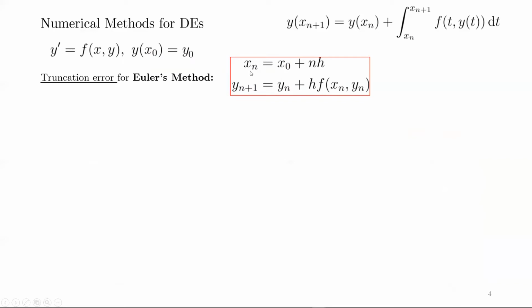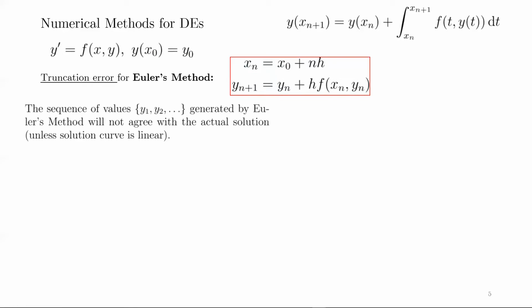Here is basically Euler's method written out again. The points x are discretized, starting at the initial condition x0 and moving in steps of step size h, so x0, x1, x2, x3, and then we have the update of y. If we know the initial condition y0, we can find y1 by applying this formula, and then y2, and so on.